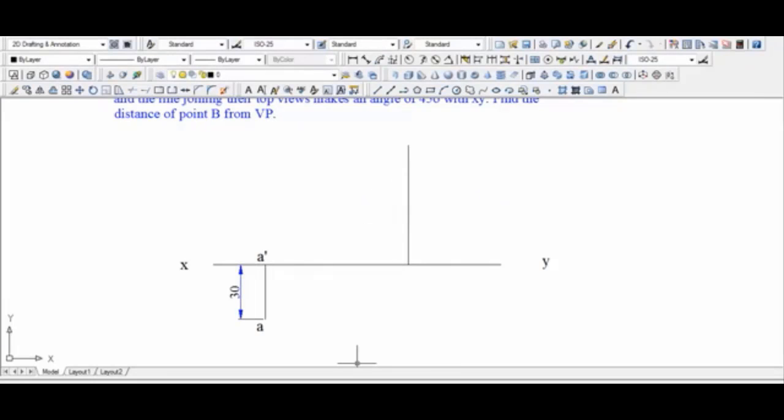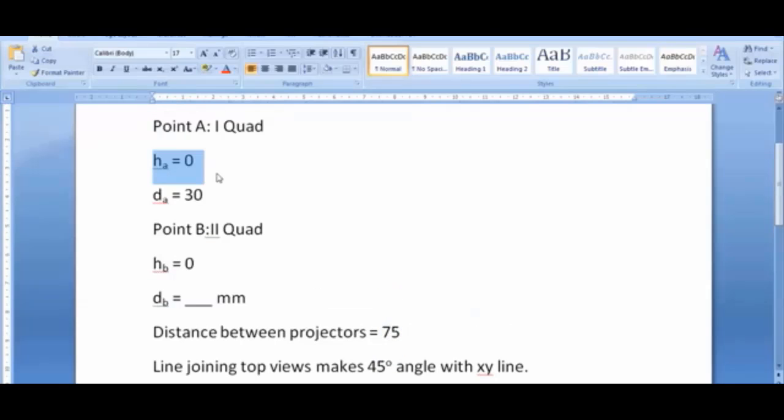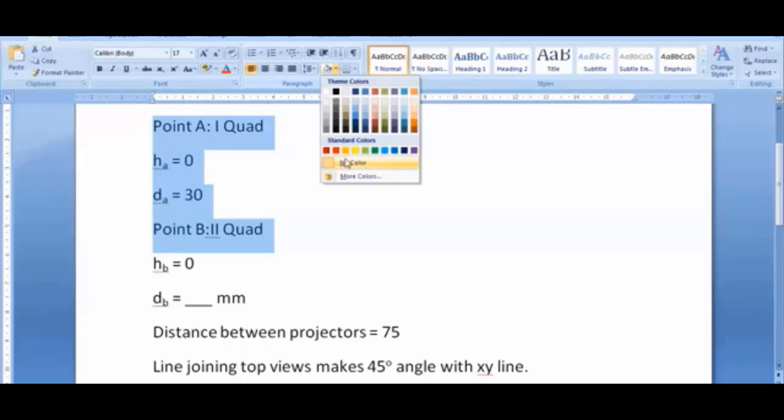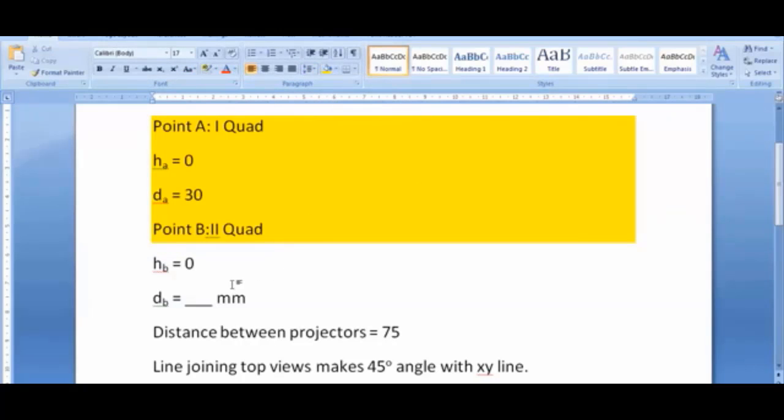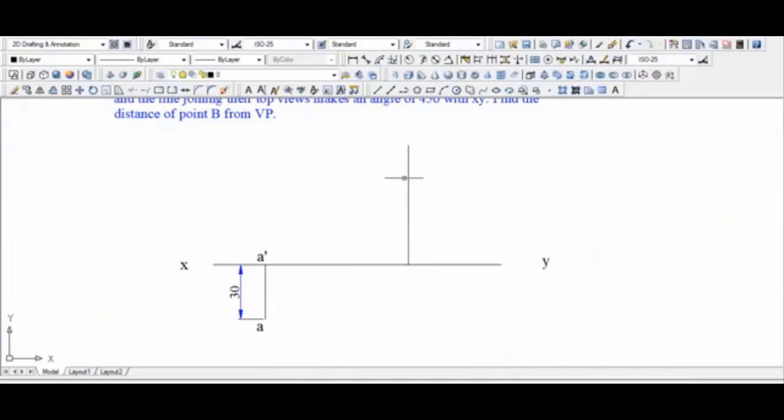Now, these two data have been used, and this logic has been used. Let me exhaust them, color them. We are yet to use this data, that is HB equal to 0. We know very well that H is going to lie somewhere here, and HB is 0.